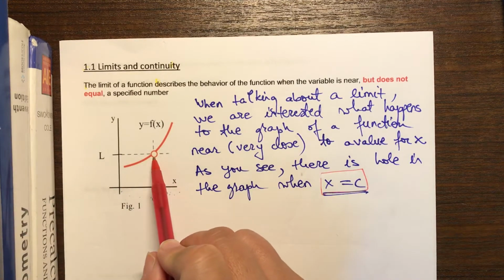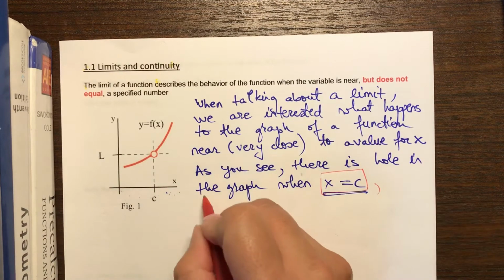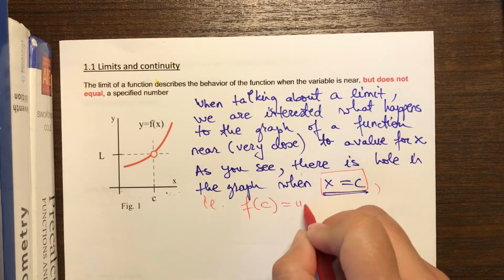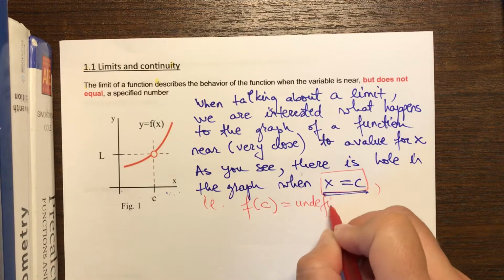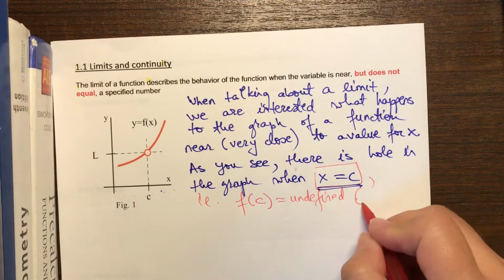There's a hole in the graph, there's no value. So in other words, f of c is undefined. Why is it undefined? Because there's no value c to plug in, right? There's no y value when x is c.